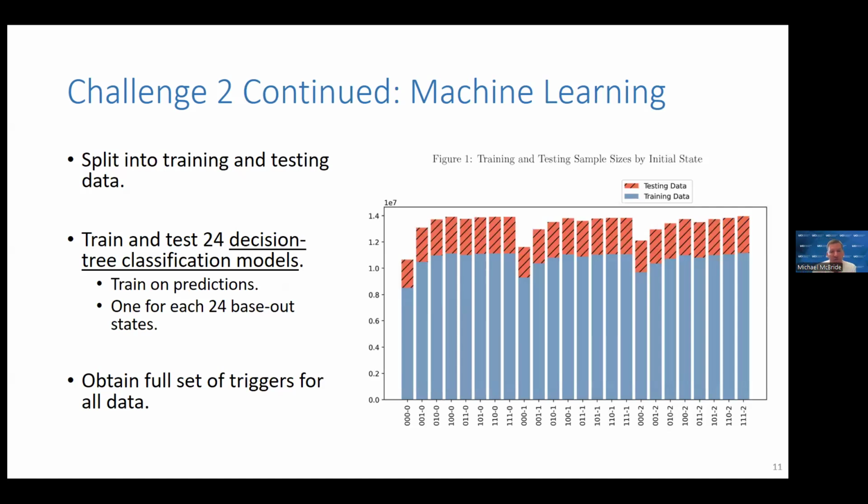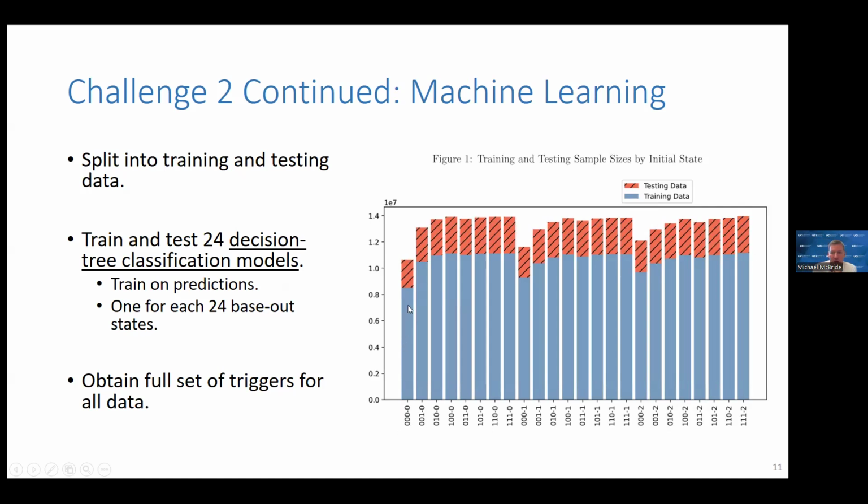I'm going to have 24 different decision tree classification models from the machine learning. I'm going to train one for each, and these 24 correspond to the different initial states of the game. So for each initial state of the game, there's going to be a model for that particular state that's going to predict what would happen for plays that happened in other hypothetical initial states they might come from.